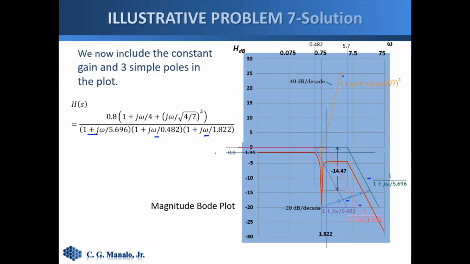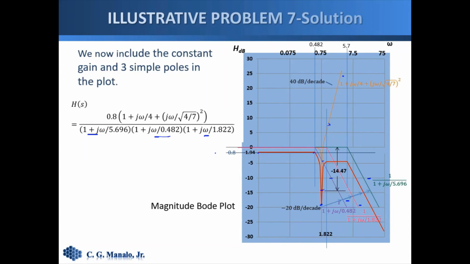To explain the plot, it starts at 0.8, so this follows the constant gain plot. Then it starts to go down because of this and this one, up to the lowest point here. This is the combination of the lowest point of the quadratic zero, somewhere here, at minus 14.47, plus the simple pole here.